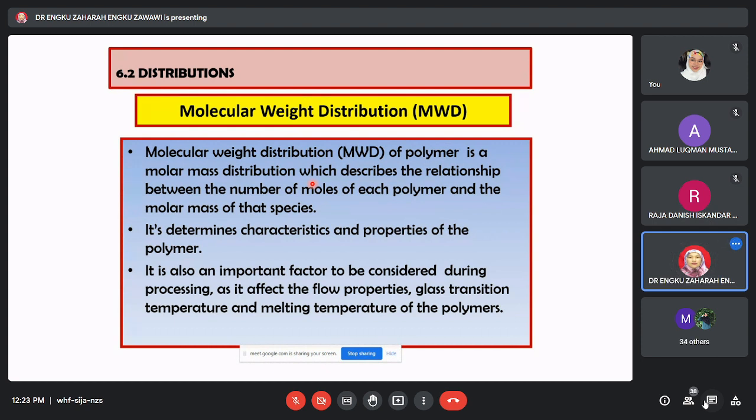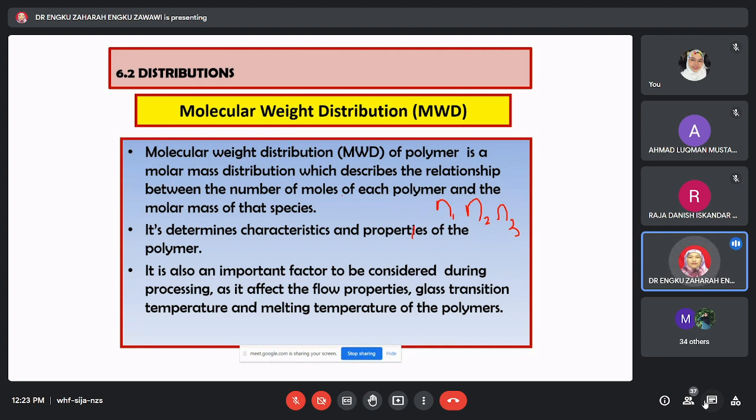Normally we will have N1, N2, N3. So this is the number of molecules of that polymer chain, and it also involves the mass.